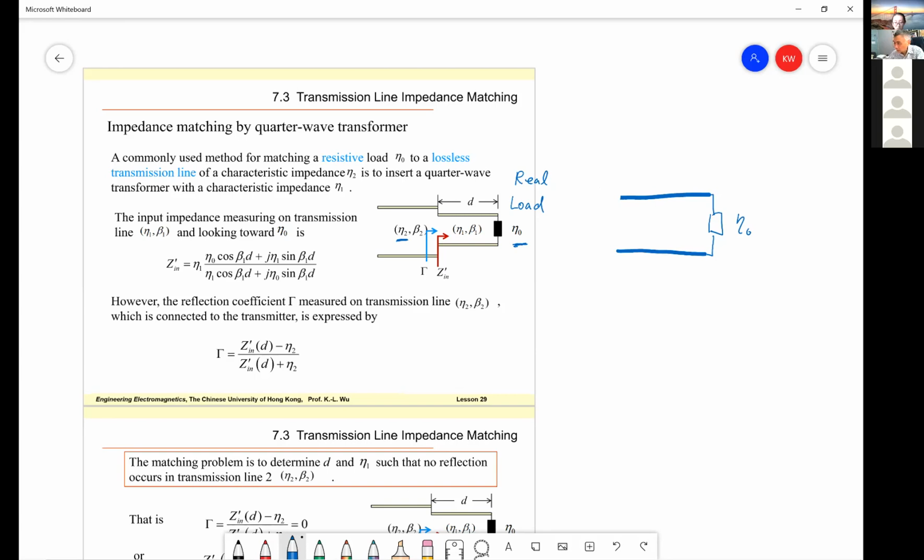If this characteristic impedance is beta 2, then what is the reflection coefficient?